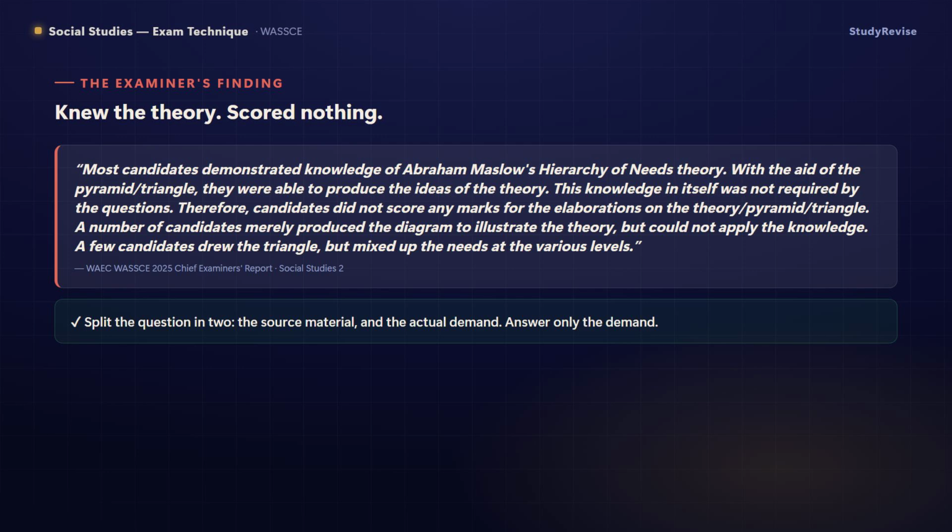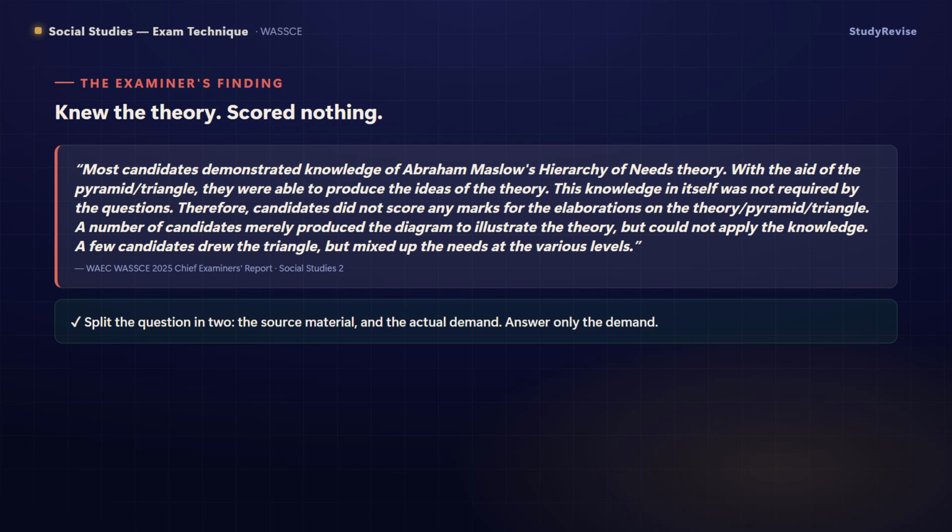Most candidates reproduced the theory, drew the pyramid, and explained every level of it, and scored nothing for any of that because the question never asked for the theory. It asked for lessons. Some candidates, drawing that same triangle from memory under pressure, even mixed up which need sits at which level. So the one thing they added that was never asked for, they got wrong too.